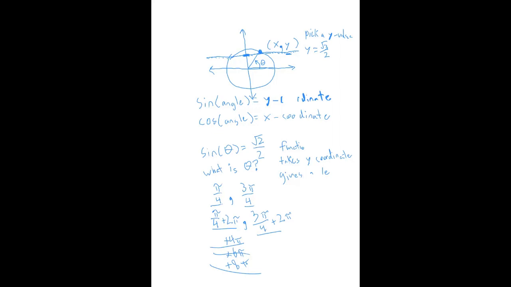Well, I need to look at a specific part of the circle where I'm only going to be picking one of those answers. So I'm going to go ahead and cut myself off to not look at any values past pi over 2. Well, what if I looked at something like y equals negative 1/2?